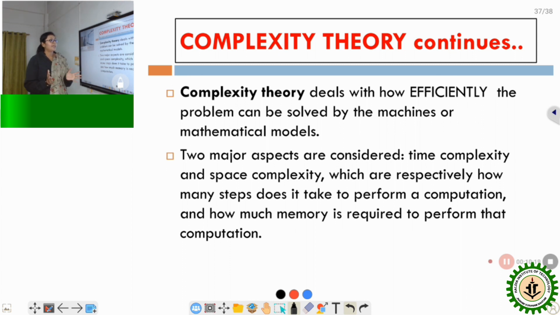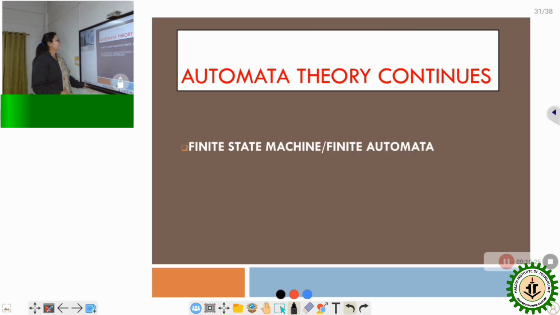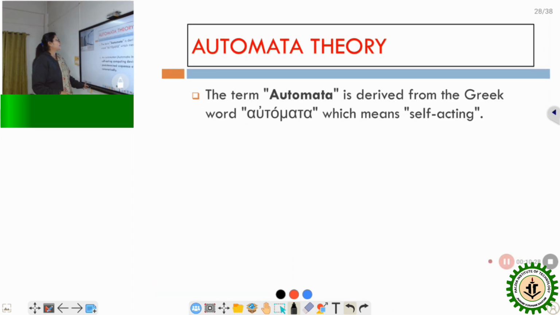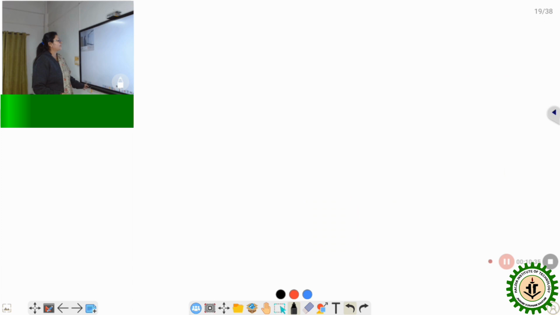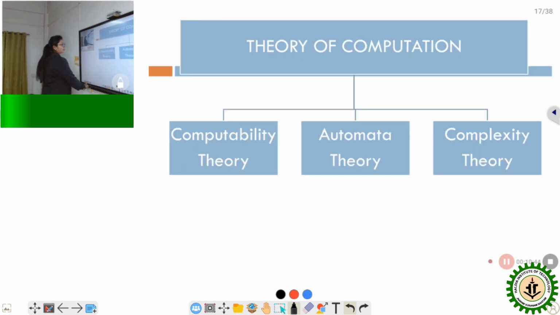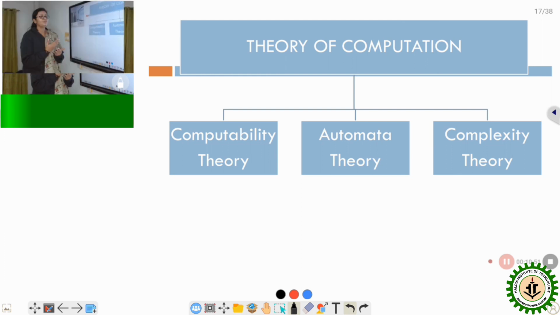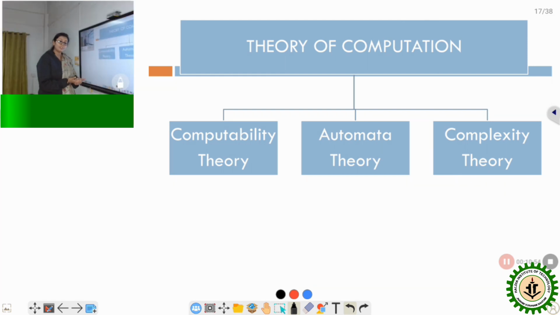So in the introduction to theory of computation, we have discussed what is computation, that is we have some inputs, we have some computational method, and when the input is mixed with the computation method, it gives us a desired output, and that method is computation, correct?